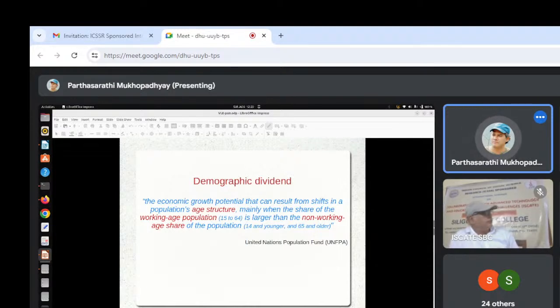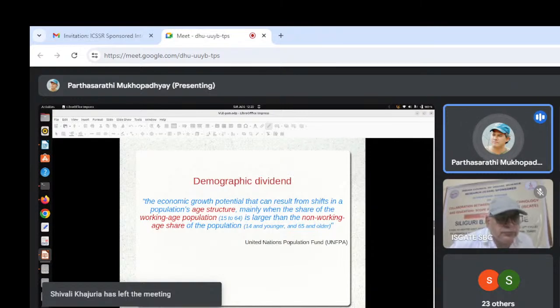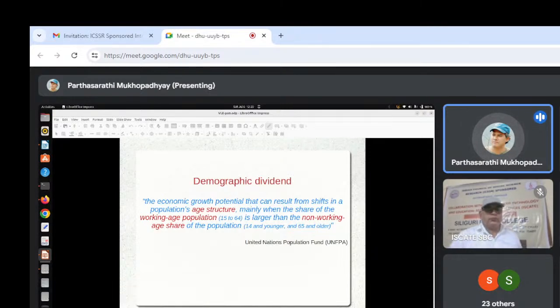Our children up to 14, and our senior citizens from 64 onwards. They depend on others for their livelihood. So they are the non-working age share, and the working age share is 15 to 64. They normally do the heavy lifting of the society, and the rest of the non-working age people depend on them for livelihood.